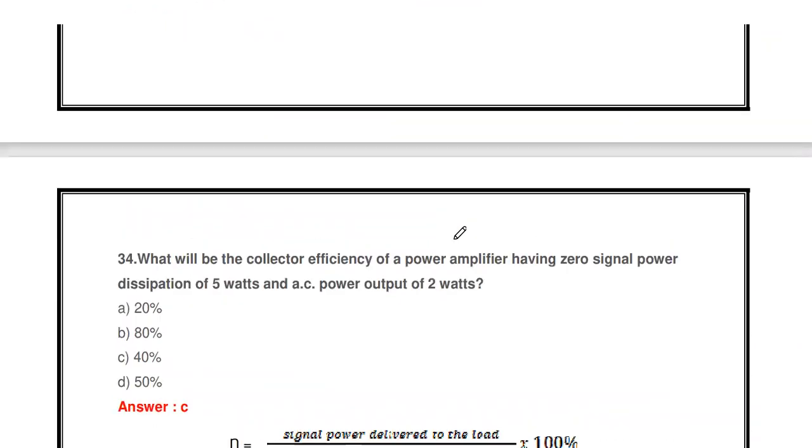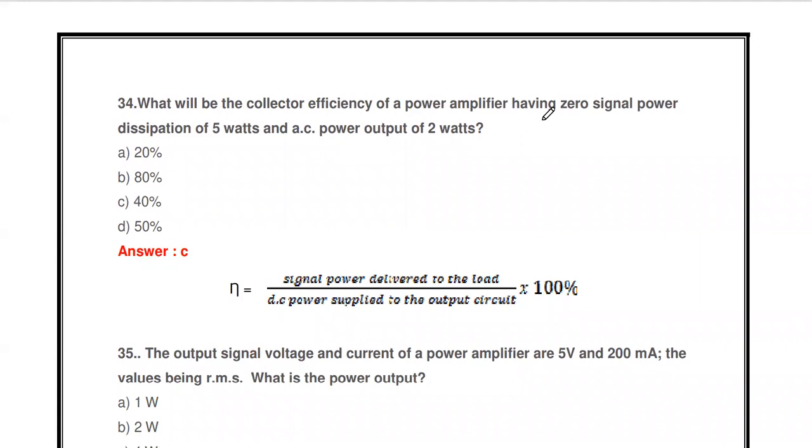Then the next one: what will be the collector efficiency of a power amplifier having zero signal power dissipation of 5 watts and AC power output of 2 watts? The collector efficiency formula is the signal power delivered divided by the DC power supplied.